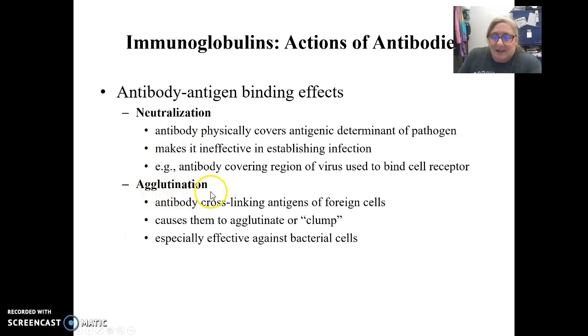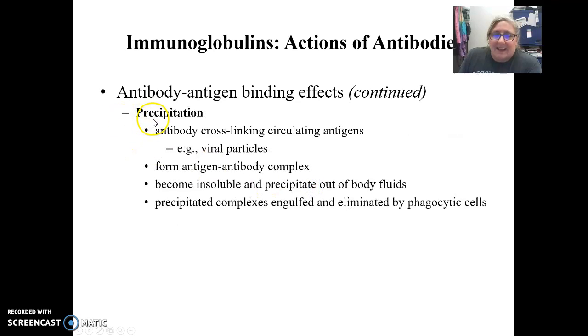Because antibodies can bind to more than one antigen, they can cause clumping. Another thing they can do is take things that are typically soluble in our body fluid and make them insoluble, so they clump up.